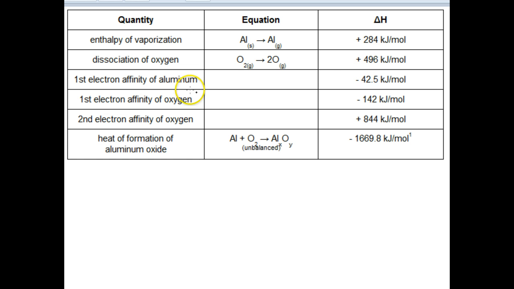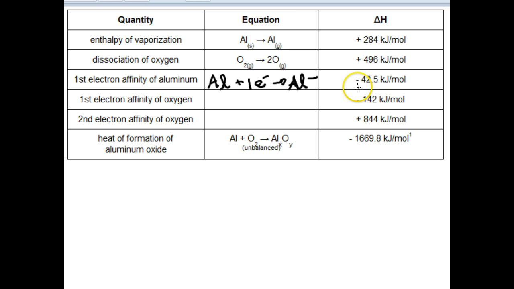And the first electron affinity of aluminum, that is the energy that you get when you force aluminum to take 1 extra electron, making the aluminum minus ion, right? That's the energy that you get when you try to do that.